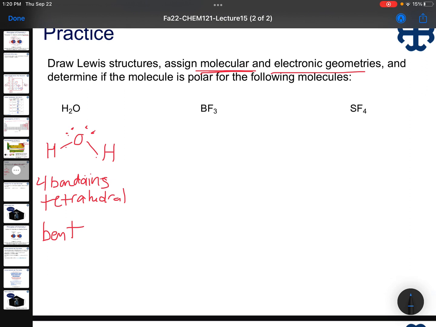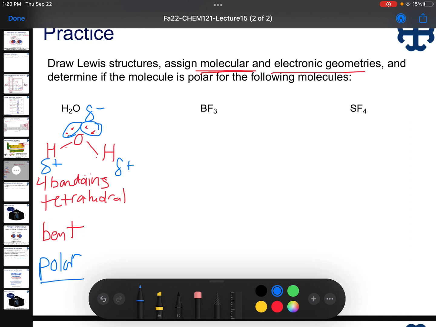So if we were to show our polarity, we would say that the side with our electron lone pairs tends to be negative. And so anything with electron lone pairs is going to be negative. Oxygen is, of course, more electronegative than hydrogen, so we would say our hydrogens have a partial positive charge, whereas our oxygen is a partial negative, meaning that overall this is a polar molecule, indeed. Okay? The molecule itself, as well as the bonds, are polar.